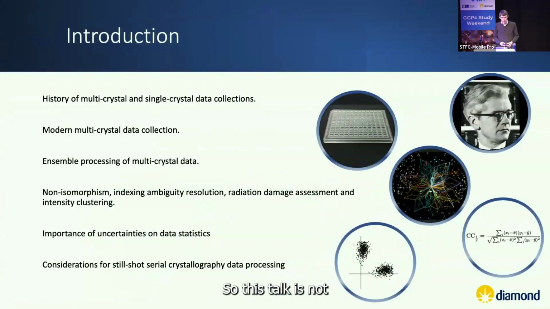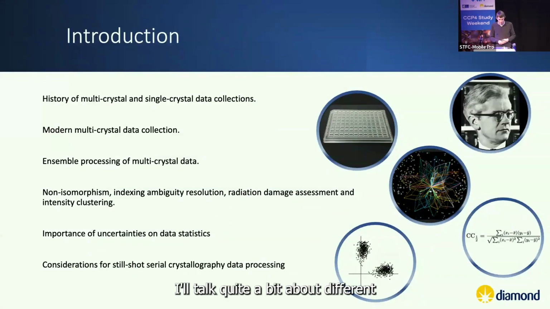Okay, so this talk is not just aimed at telling the latest research to advanced researchers. That wouldn't really make much sense without an introduction of where we are today and how we got there. So first I'll talk a bit about the history of data collections, then talk about modern multi-crystal data collections, and then go through a few bits of the processing, so how we can use an ensemble approach to better process multi-crystal data.